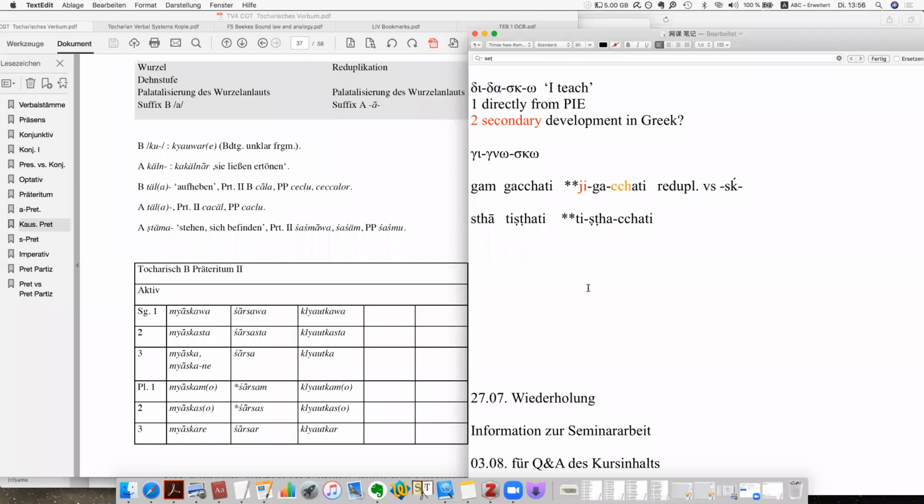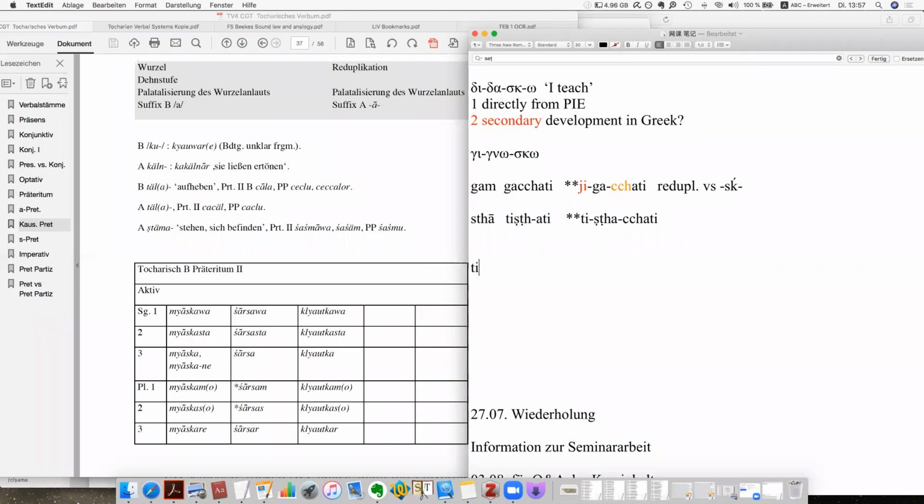So what is actually the meaning of didasko? Yeah, tishthati. According to Panini grammar, if we want to explain this, it's actually again secondary. Originally, it should be tishthati.